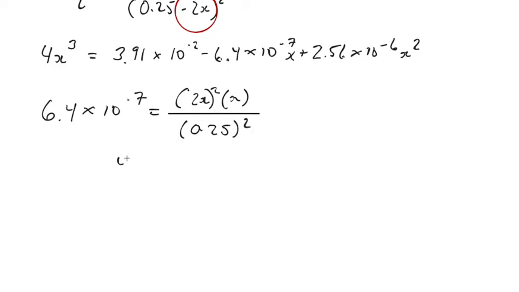This means we get 4x cubed equals 4 times 10 to the negative 8, or x, taking the cube root of both sides, is 2.15 times 10 to the negative 3.